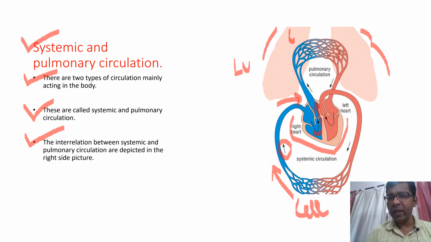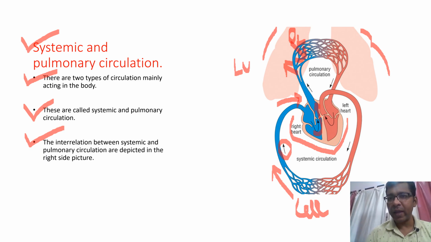Here oxygen comes which we breathe, and here oxygenation of the blood occurs, that is, carbon dioxide is washed away from the blood vessels and oxygen enters the blood vessel.